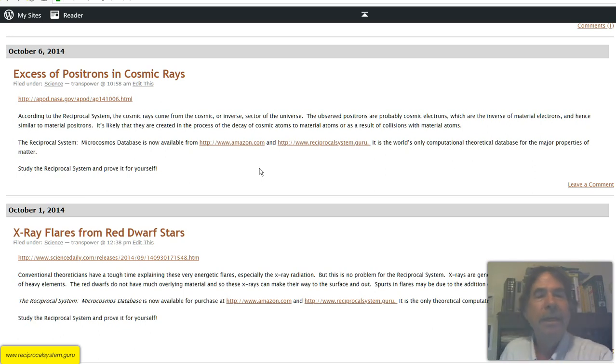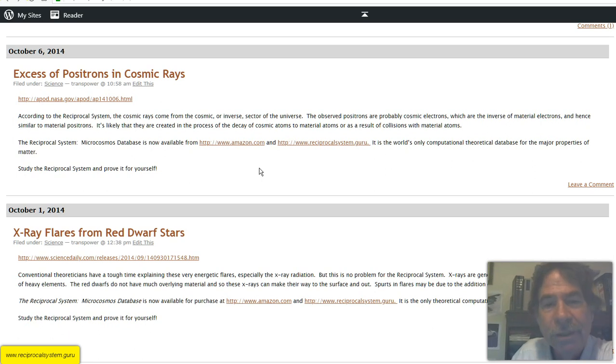So I say here, according to the reciprocal system, the cosmic rays come from the cosmic or inverse, not anti, inverse sector of the universe. The observed positrons are probably cosmic electrons, which are the inverse of material electrons and hence similar to material positrons. It's likely that they are created in the process of the decay of cosmic atoms to material atoms or as a result of collisions with material atoms.